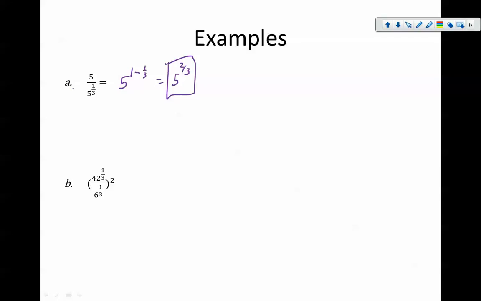And finally, we have our last problem here, where you'll notice that we have different bases, so we can't subtract the exponents, but you'll notice that the exponents are the same. So we're going to use the quotient property in reverse. Remember, the quotient property said that when you have a b to some power, that this is a to the c and b to the c.